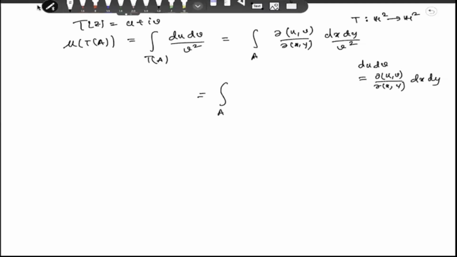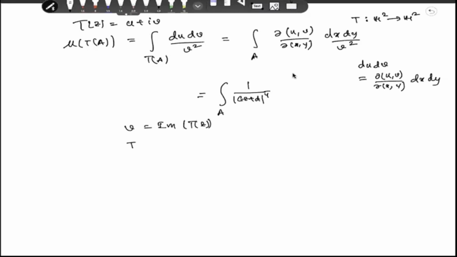So now this right hand side integral will be equal to integration over A. The Jacobian we have already computed, so this is 1 by mod of cz plus d to the power 4. And what is my v squared? v is the imaginary part of Tz. So then I have to do a computation.